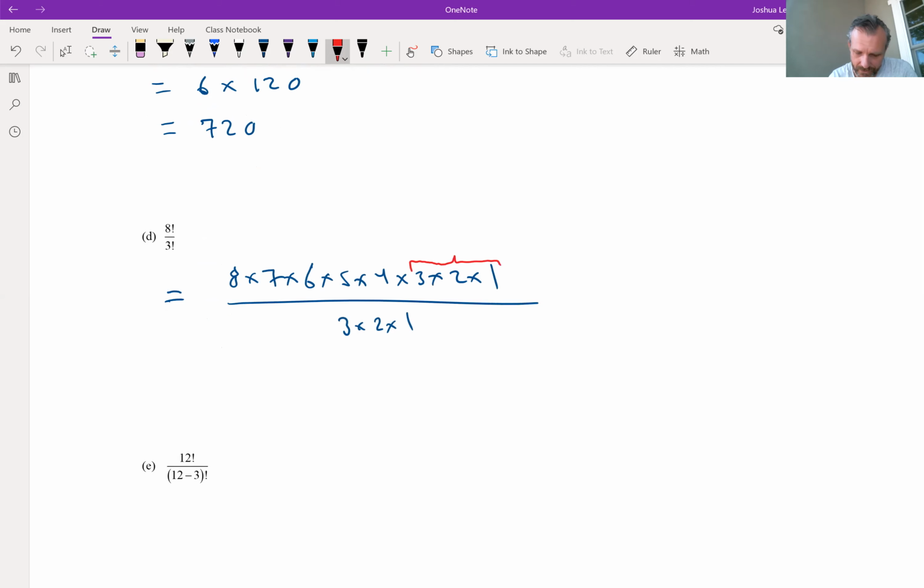Within that 8 factorial, there's the 3 factorial, right? So those cancel. And we're left with 8 times 7 times 6 times 5 times 4. 6720. Okay.